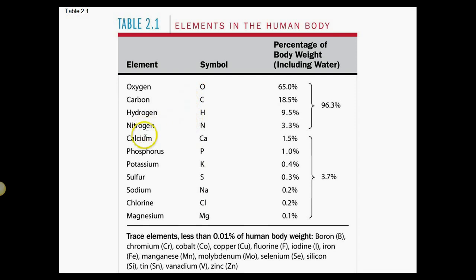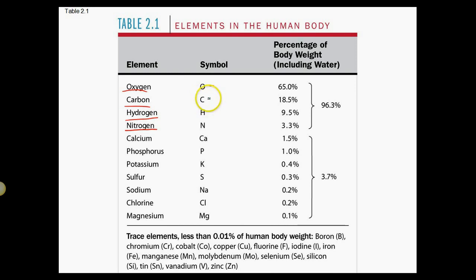These are the big ones that we'll talk about, the big four of the body. Oxygen, obviously. Think about inhaling, and even think about this as it makes up water. So this is a large part of water. Carbon is going to be in the foods that you eat.